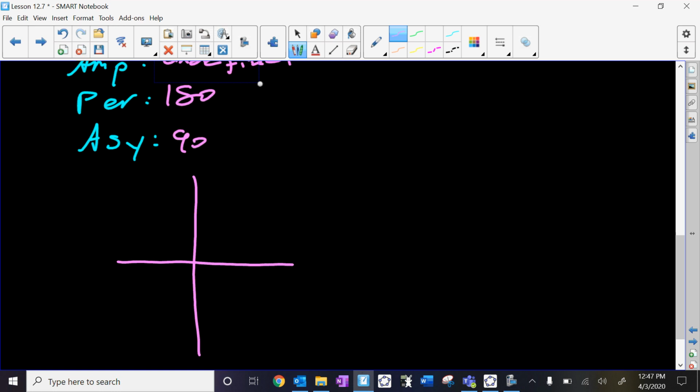And then you can graph this one as well. Our first cycle is at 180 degrees. Next cycle would be 180 plus another 180, which is 360. Our asymptote directly in the middle is 90 degrees. 90 plus a period of 180 is 270.